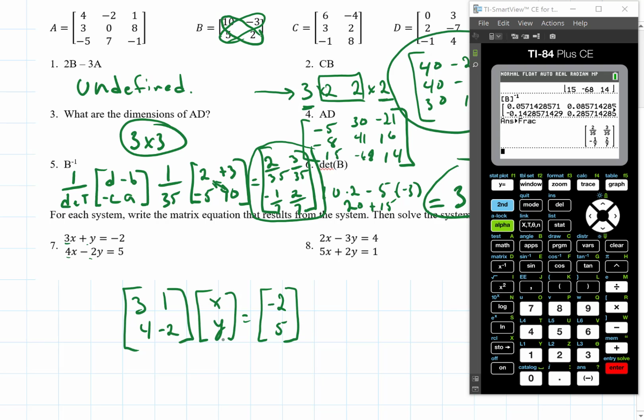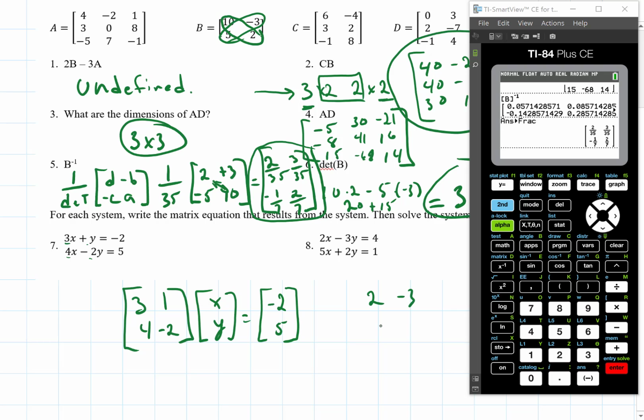Okay? Now, to actually solve this for x and y, what we needed to do was multiply by the inverse of the coefficient matrix on both sides. We're going to multiply on the left for each of these to solve. That's the part we're not going to do by hand. We just asked you to set it up by hand, so we'll do the other one.